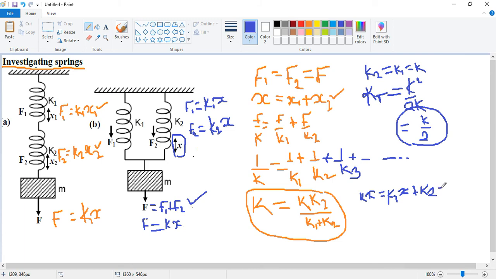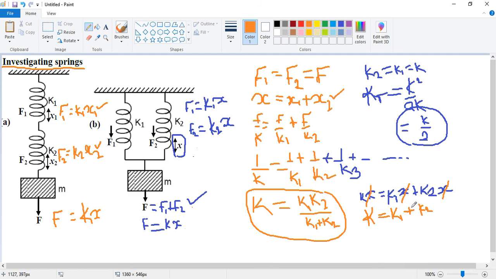You will notice that the X cancels out, and therefore K is equal to K1 plus K2.